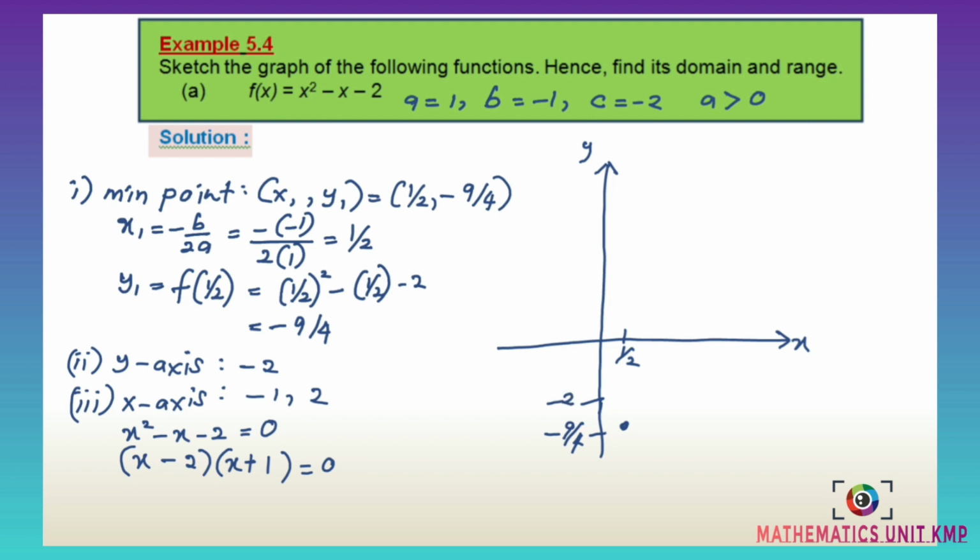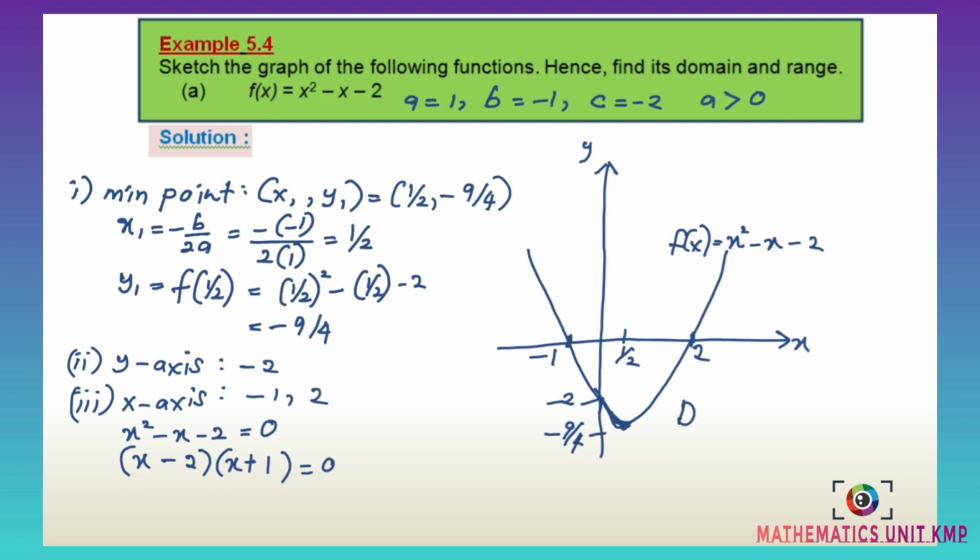The graph is concave up, and intercepts the x-axis at negative 1 and 2. Label the graph f(x) equals x squared minus x minus 2.